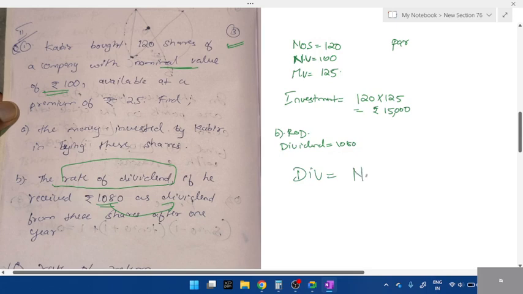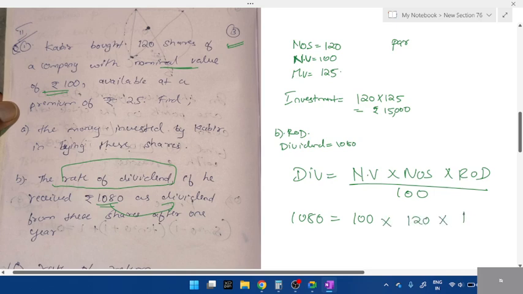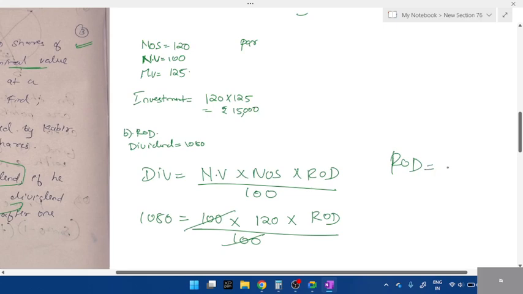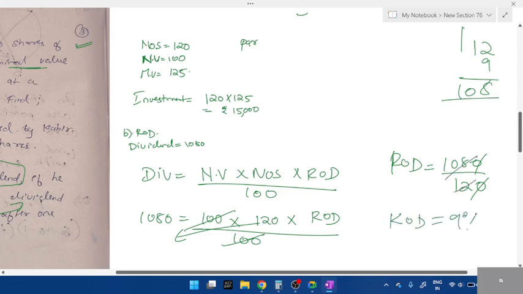Dividend is equal to. Got it right, all of you?